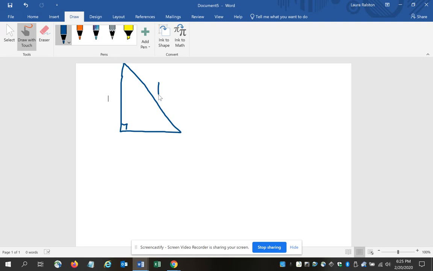The side opposite the right angle we call the hypotenuse. Typically, the straight sides we refer to as legs. Traditionally, we label those legs A and B, and we call the hypotenuse C. And so the Pythagorean theorem that you would have learned in geometry, we often read as a squared plus b squared equals c squared.